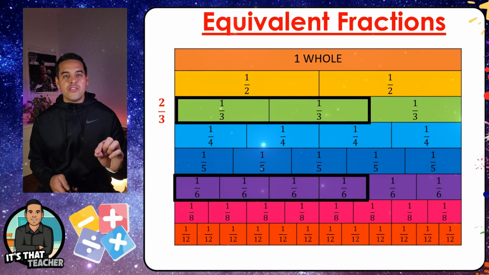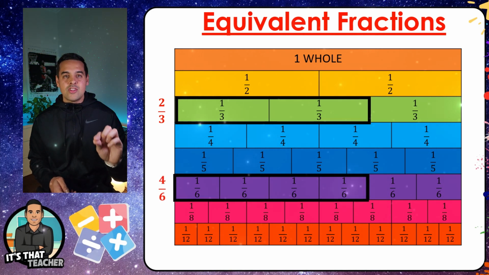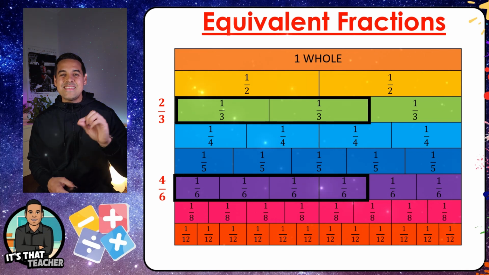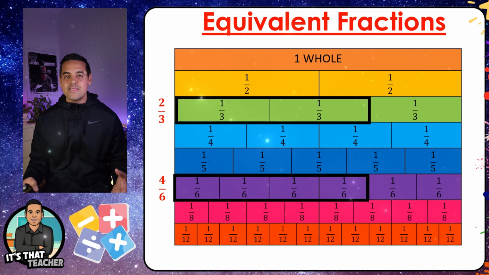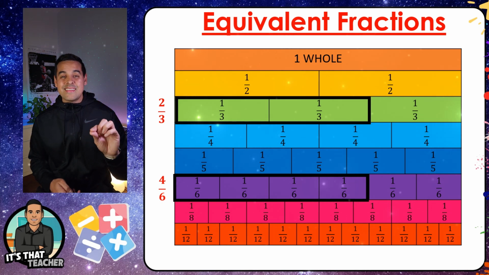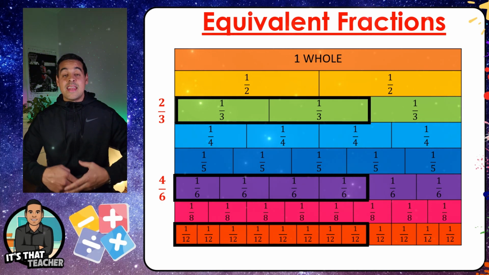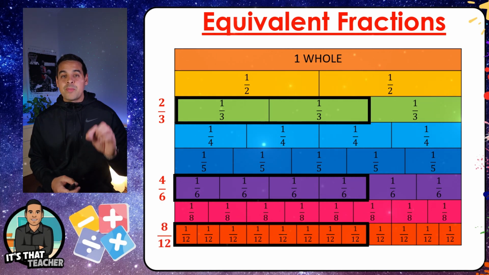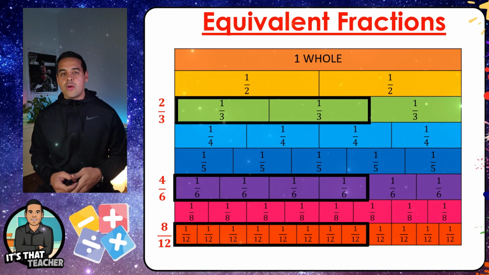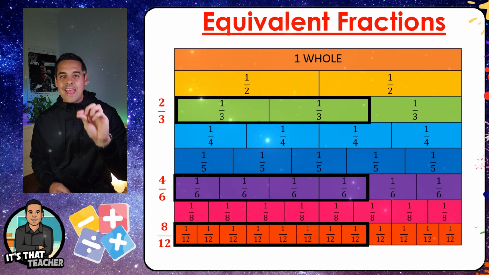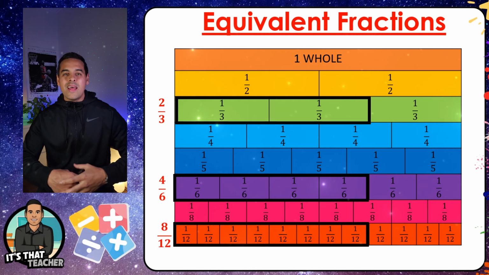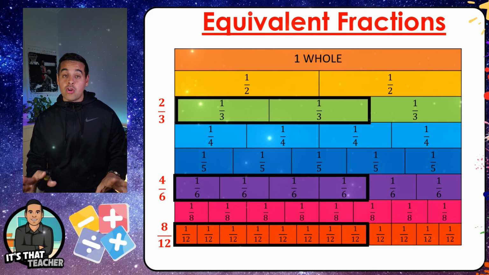Now 2/3 is equivalent to 4/6, okay? You can see that the bar is exactly the same size, so you can really see that these two fractions are equivalent. Now finally, we have 8/12. So if you look from the top fraction, 2/3, to 4/6 to 8/12, they're all exactly the same portion of the whole.